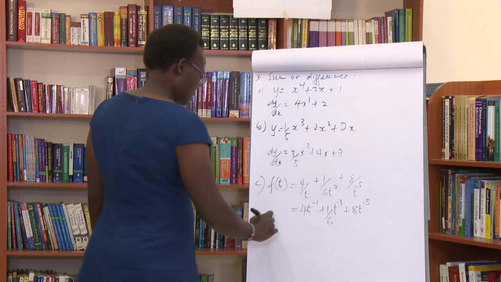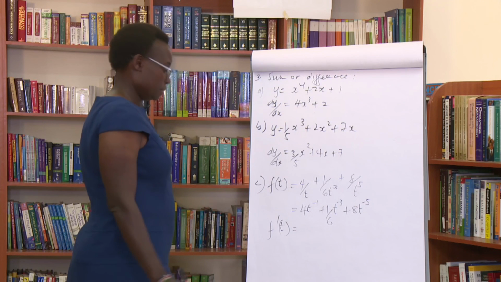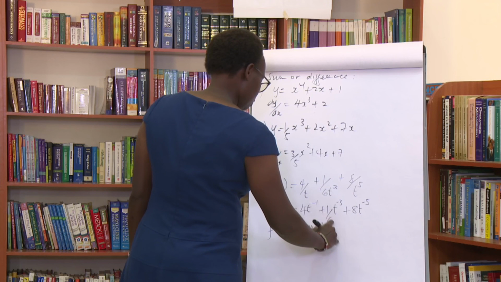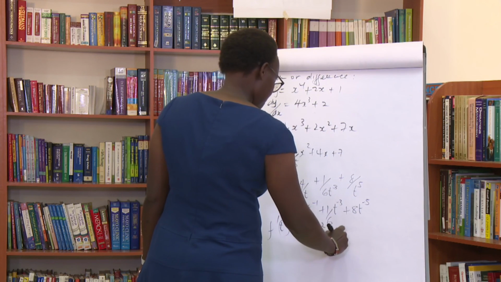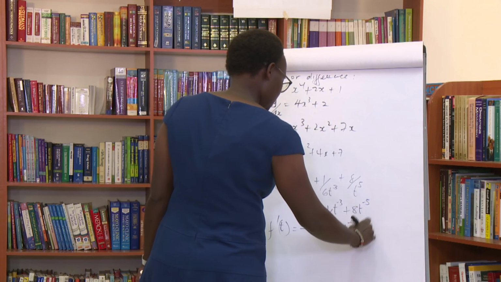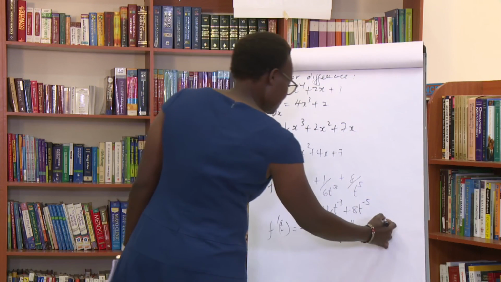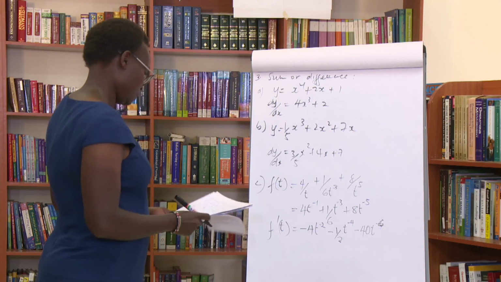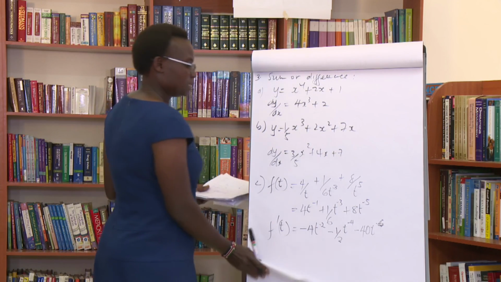Once you have it there, you can comfortably find the derivative. This will give us negative 4 t raised to power negative 2 minus a half t raised to power negative 4 minus 40 t raised to power negative 6. So that is sum or difference.